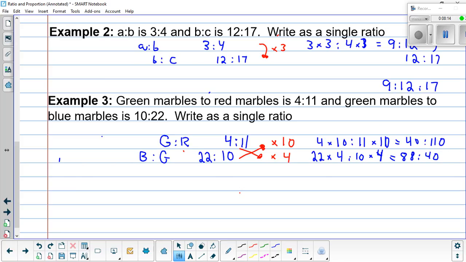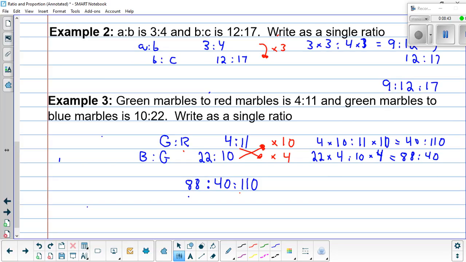Okay, so 88 to 40, and then let's write them over top of each other. So 40 to 110, and back this way over to 88. And it's always nice to provide the reader with, okay, what are these actual numbers?